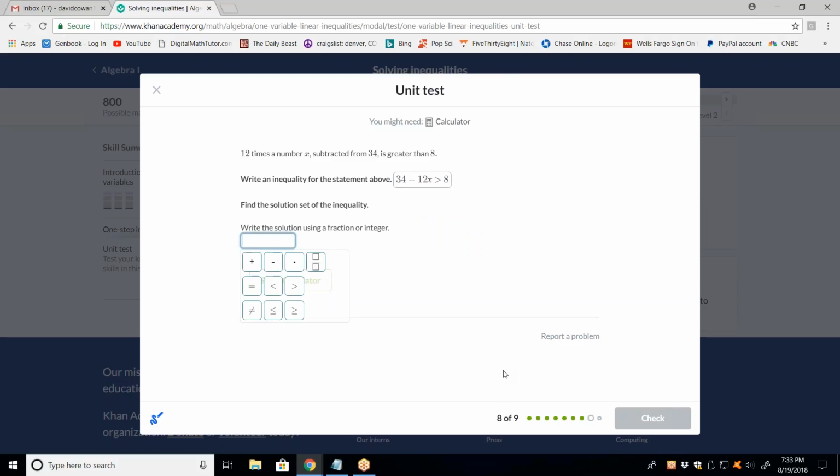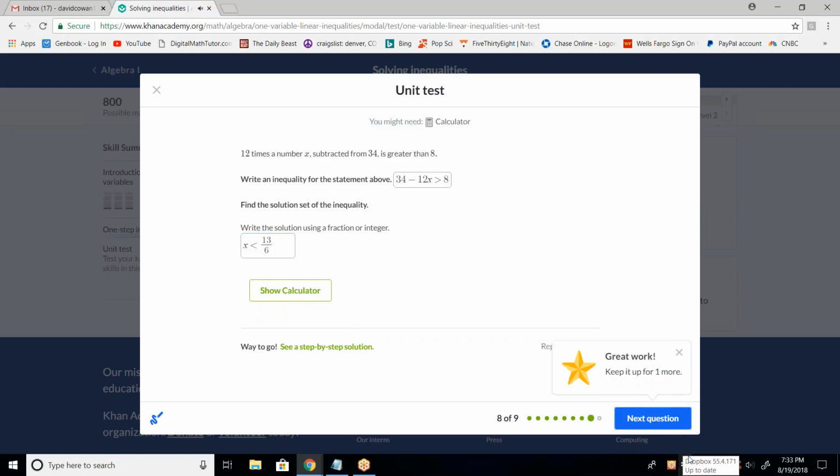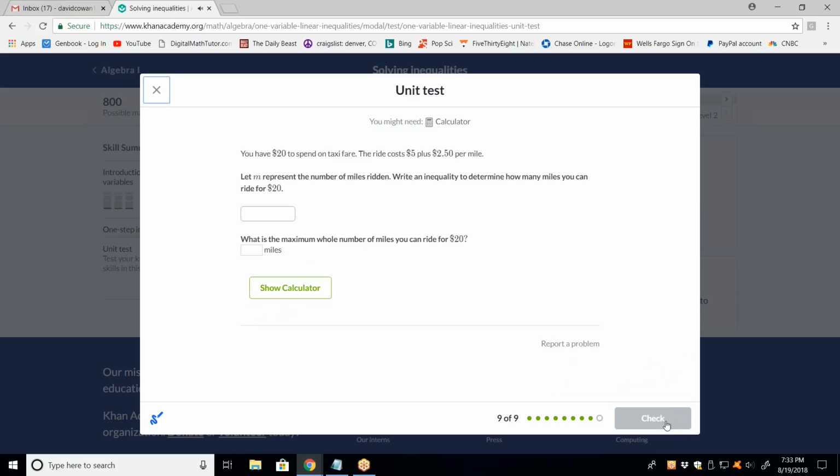And this was x is less than 13/6. One more.